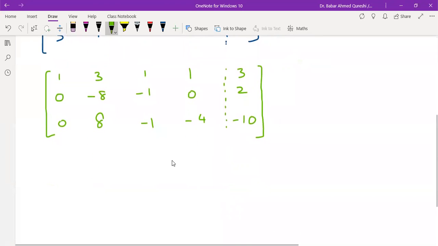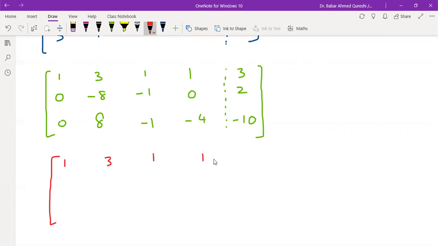Now, since this time I'm doing Gauss-Jordan, so bringing it to the echelon form and then the reduced echelon form, let's make this one first. Each of our leading non-zero entries in each row should be 1.